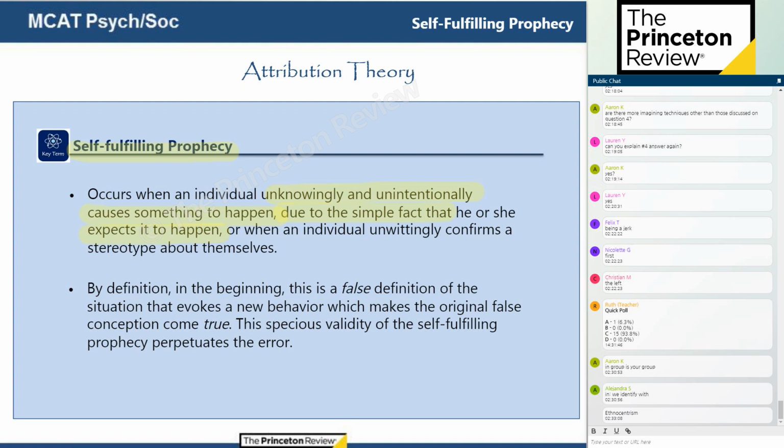And then the other person unknowingly, unwittingly confirms that stereotype about themselves. Okay. The important thing is there is a false definition at work which evokes a behavior that makes the original false idea come true. So self-fulfilling prophecy then perpetuates the error in thinking or the false definition.